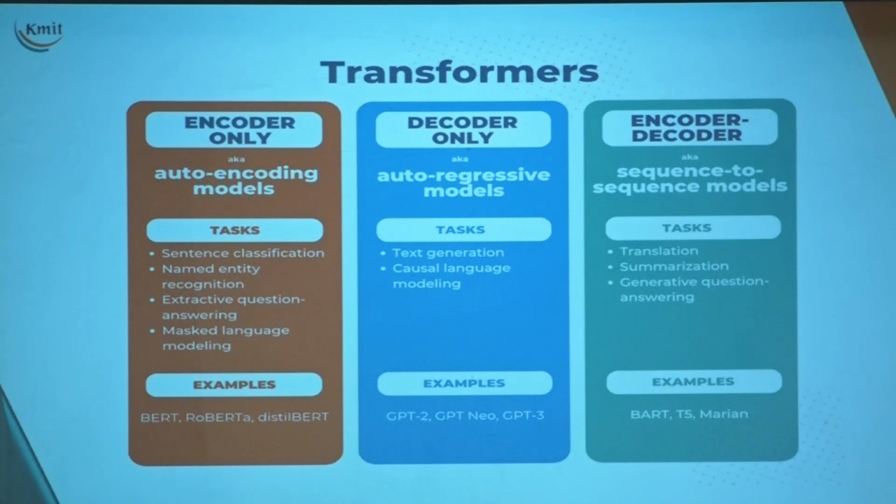Though we study encoder-decoder based architecture, GPT models use only decoder-based architecture. BERT uses only encoder-based architecture. Then who is using encoder-decoder? BART. We have other models which use both encoder and decoder.